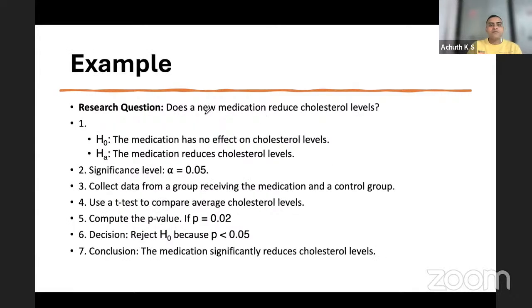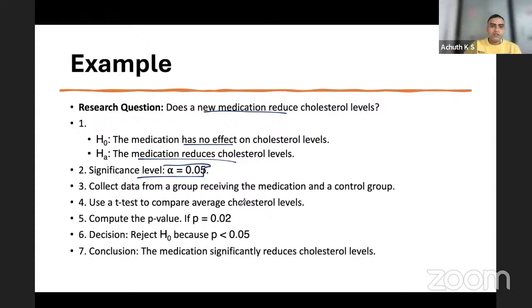For example, there's a new medication which has come into the market to reduce cholesterol. The null hypothesis would be that the medication does not have any effect, and that the medication reduces cholesterol is the alternative hypothesis. You have taken a significance level of 0.05, that is 5%. Collect the data, use the t-test to compare the average cholesterol levels between two groups.